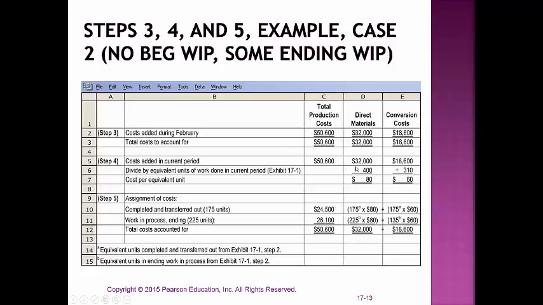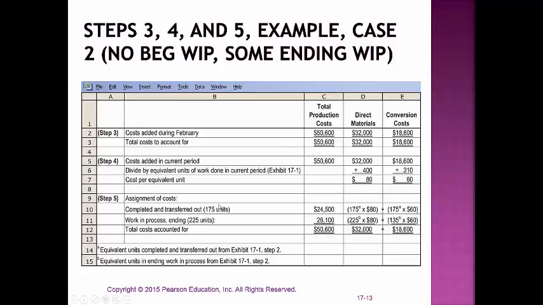We need to divide that by the 400 equivalent units for direct materials, and there we get $80 per unit for the direct materials. In regards to the conversion cost, bringing down the $18,600, we need to divide that by the 310 equivalent units as to conversion cost and get $60 per unit.